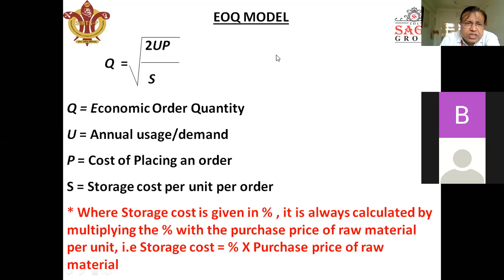Similarly, this is the formula of the EOQ method or EOQ model. Q is the economic order quantity, equal to the square root of 2UP divided by S. U is the annual usage or demand of that particular material. P is the cost of placing an order, and S is the storage cost per unit per order. You write down this formula.